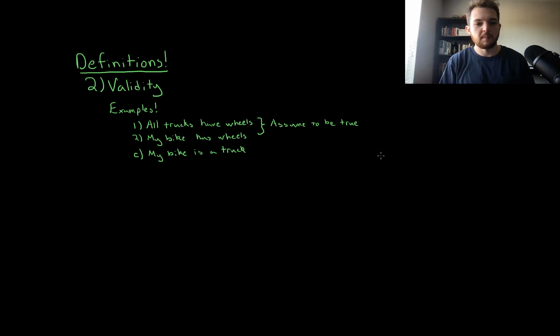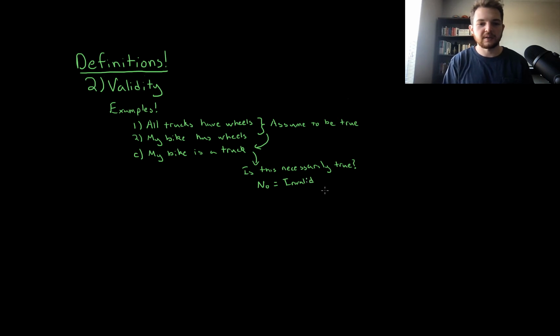Like, sure, all trucks have wheels and my bike has wheels. Sure, that could be true. But it isn't necessarily true that my bike is a truck, because all sorts of things have wheels. ATVs have wheels. Cars have wheels. Just because all trucks have wheels and my bike has wheels doesn't make my bike a truck.